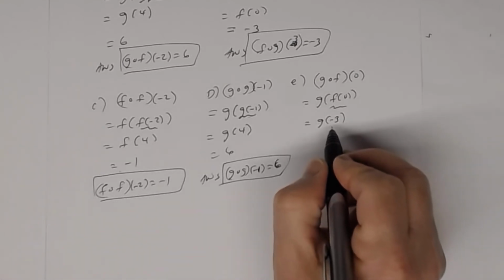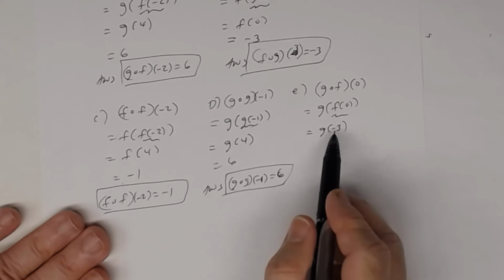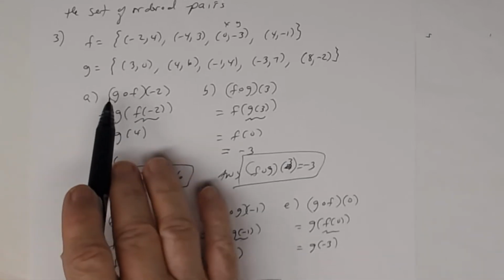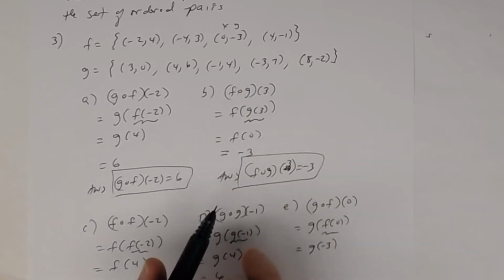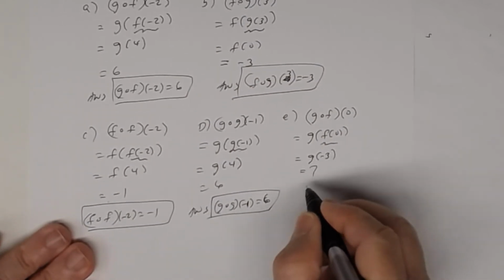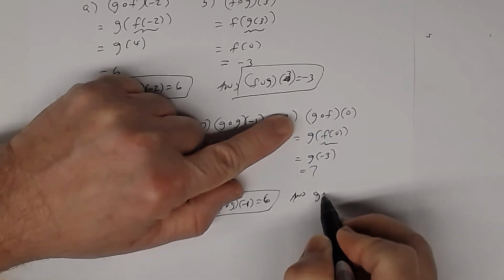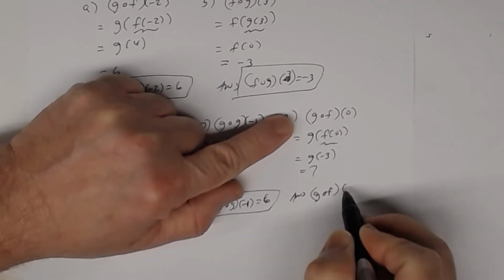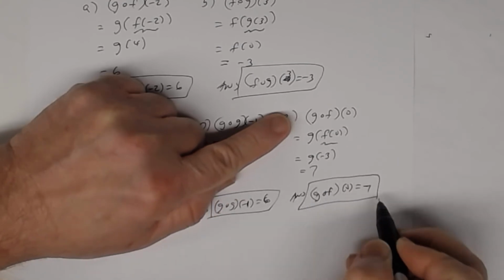I go to my function g and find the y value when x is negative 3. Here is x equal negative 3. My y value is 7. And so the answer: g composed with f at 0 equals 7. All right, so that's number 3.